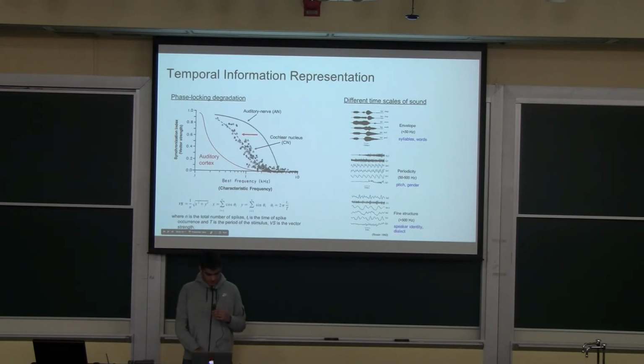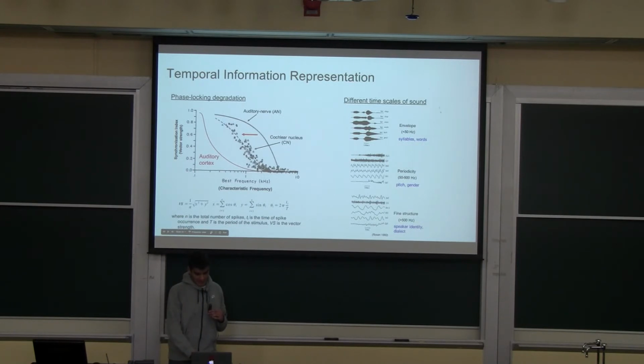As you go from right to left, you're going up the auditory pathway, and you get phase locking degradation, meaning the threshold frequency until which you can phase lock decreases as you go up. For example, in auditory cortex, the last stage we talk about, you can no longer phase lock after about a couple hundred hertz, while at the auditory nerve, you can do it up to a few thousand hertz.